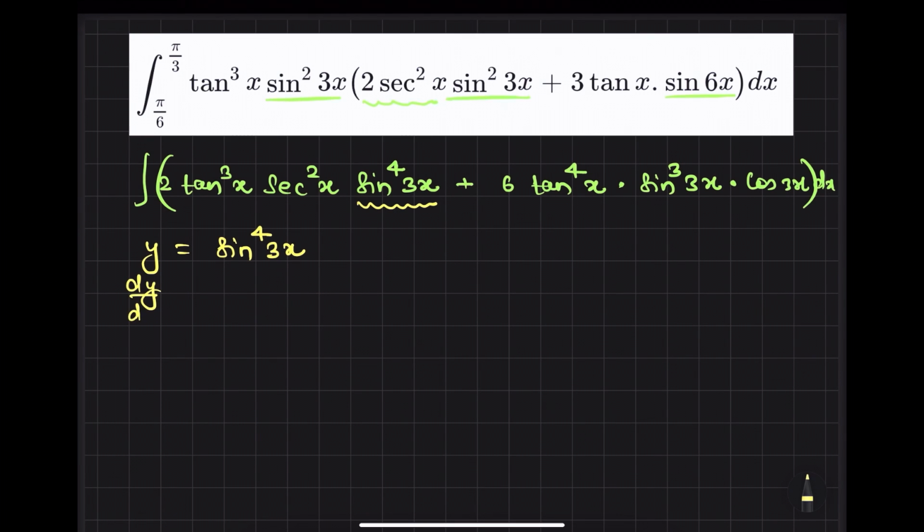So dy by dx equals 4 sine power 3 3x. Now differentiation of sine 3x is cos 3x. Now differentiation of 3x is 3. Okay. So till this part I feel you guys are comfortable.